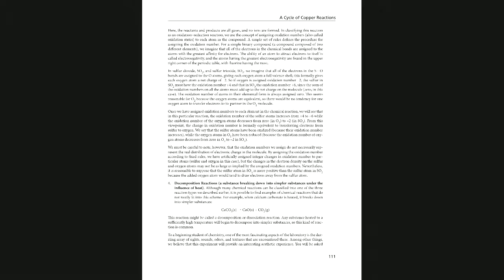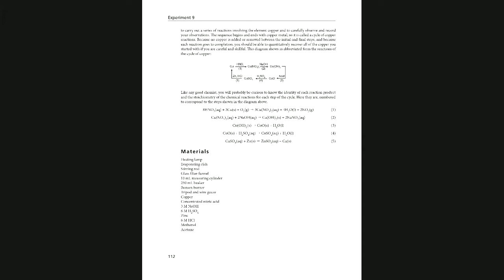When we perform this experiment, you are going to learn a few things. There are a few purposes for performing this experiment. First one would be studying the law of conservation of mass. Basically, we start with copper.